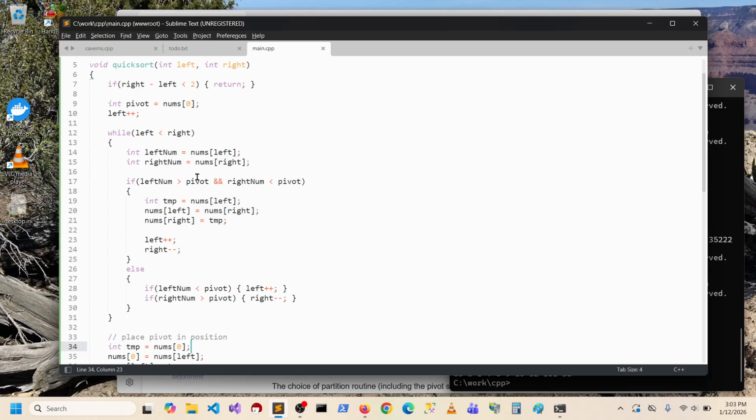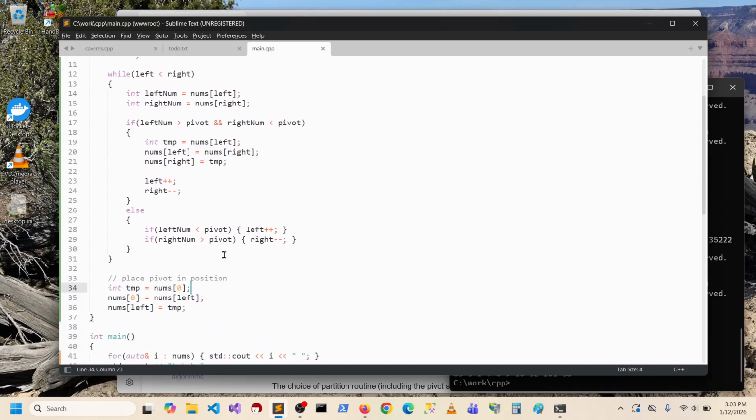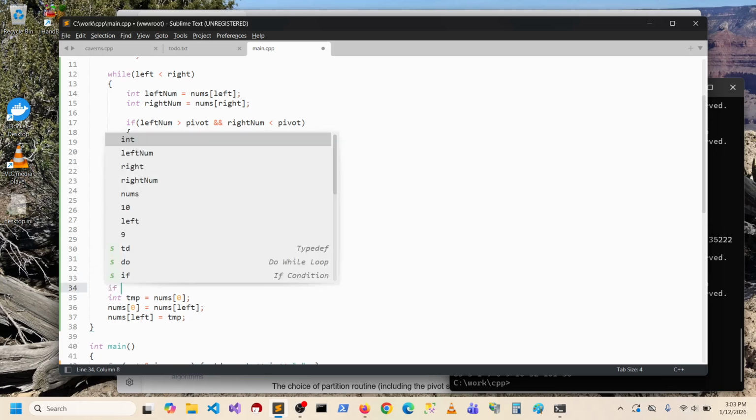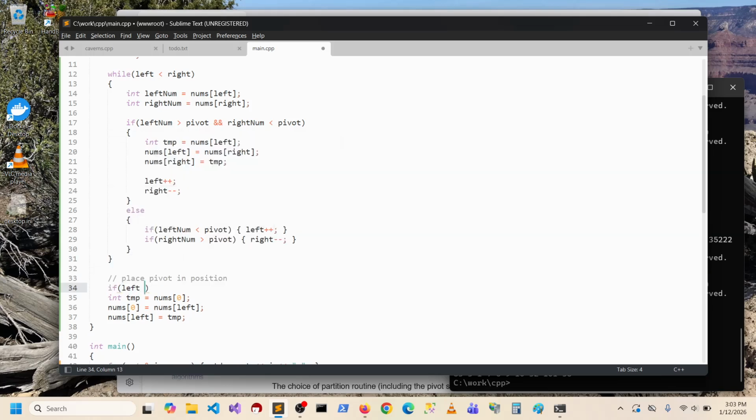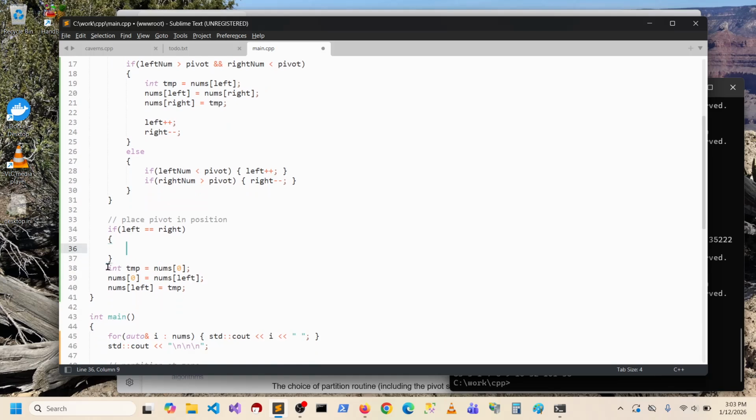If left and right are the same, okay, hold on. So if left equal to right, then all we need to do is do the regular swap with 0, which is this.